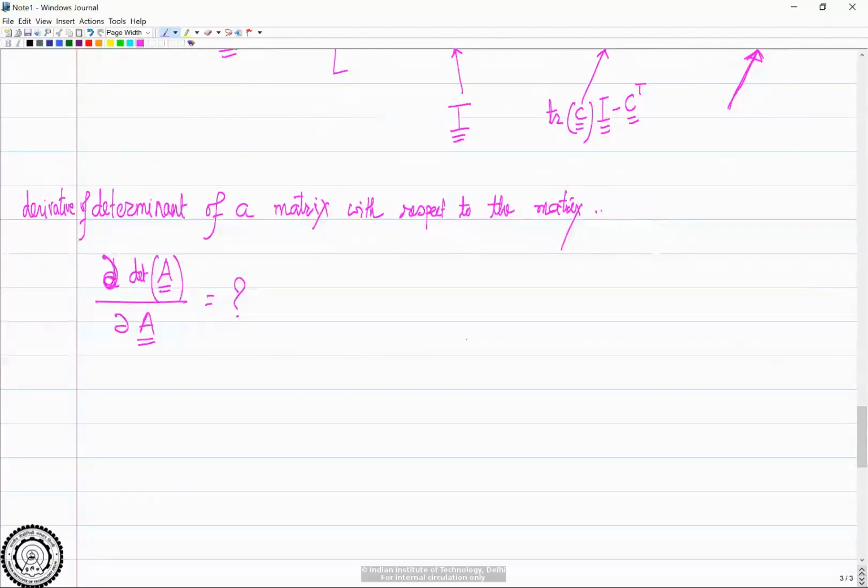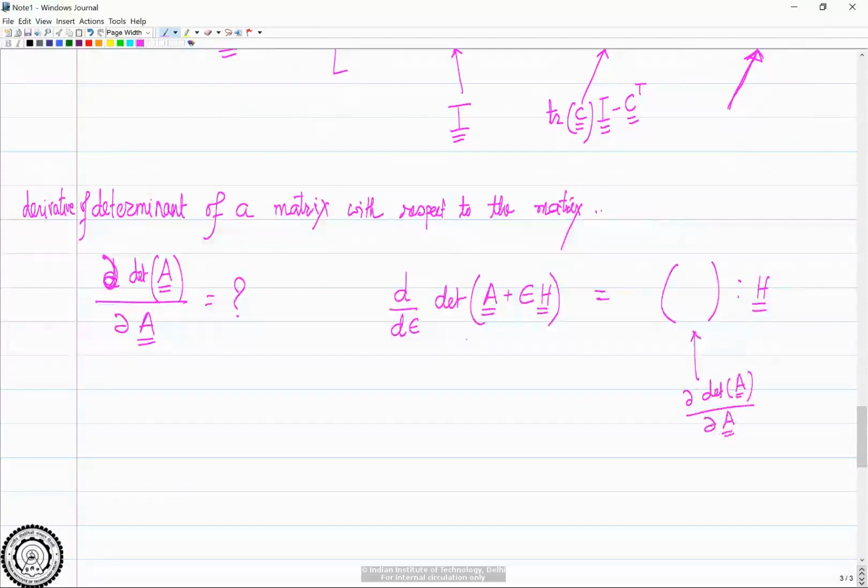So we will find out d by d epsilon of determinant of A plus epsilon times, let us say, H. And this will turn out to be something into double contraction H, and then this will be what we want, del determinant of A with respect to A. Right, this is the formula that we have worked out in the class.